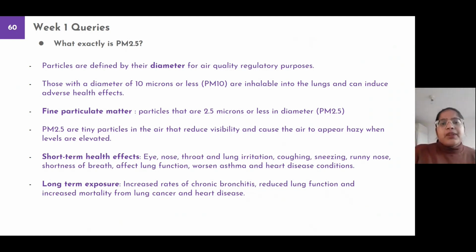The reason we define this diameter is for air quality regulatory purposes. Particulate matter with a diameter of 10 microns or less, that is PM10 or less, is inhalable. So you can breathe them and they go into your lungs and can cause adverse health effects.